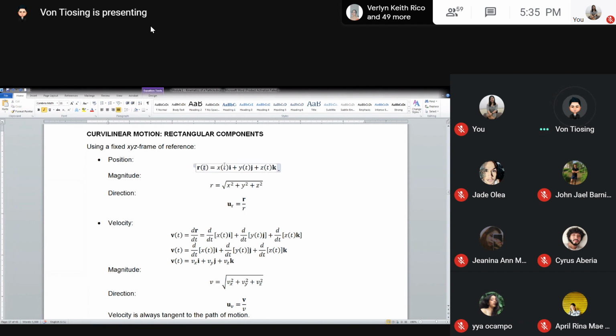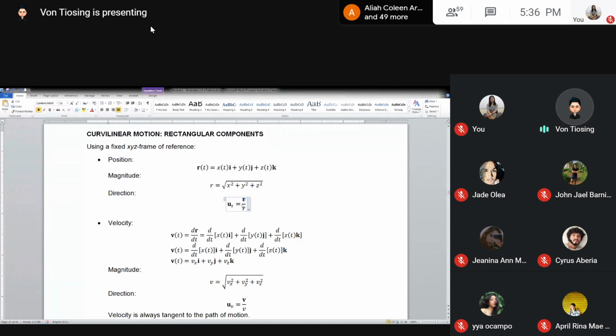It is expressed in terms of x, y, and z components just like yung statics ninyo. Also, they are in terms of the parameter time t. The magnitude of the position is simply the square root of x squared plus y squared plus z squared, and the direction is equal to what? The unit vector of r.